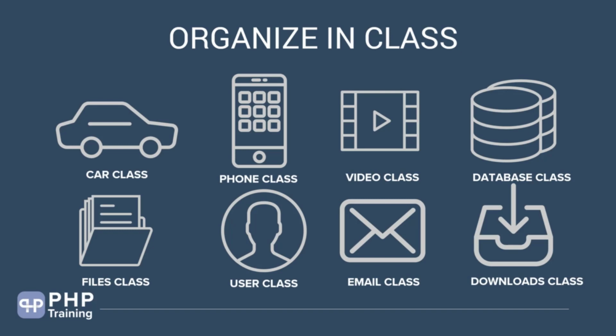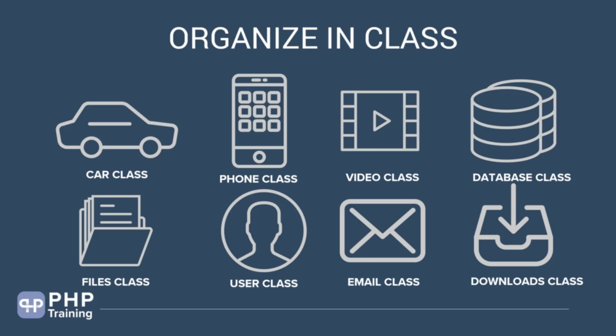So you'll start creating these classes, and each class basically holds variables and functions that are operating on that specific object. If you define the car, it will have its own variables and functions. The phone will have its own variables and functions. The functions of a phone could be different from the functions of a video. The functions of a phone are to send a message, make a call. The functions of a video could be to play a video, load a video, buffer a video. So the features of that component will be written in those functions in the specific classes.